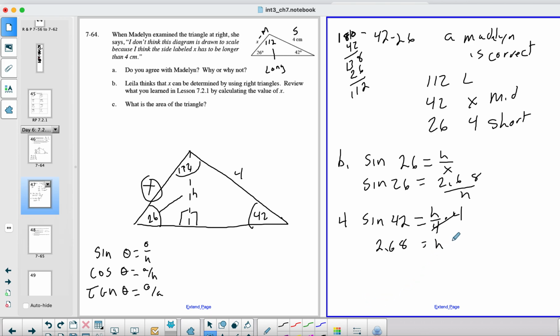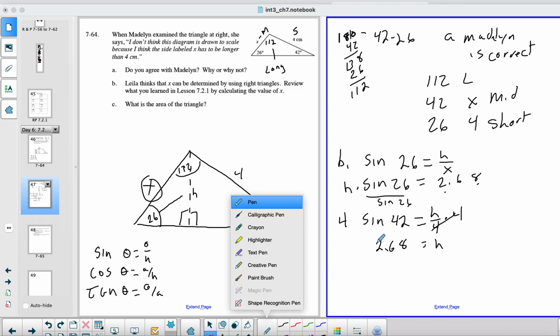Here's where it gets a little tricky, right? We have to multiply both sides by h. And then if I want to get rid of this sine 26, I have to divide by sine 26. So basically I'm kind of cross multiplying. Just trying to save space.